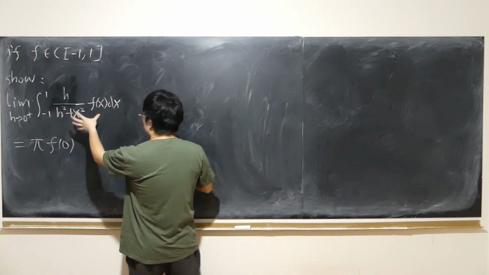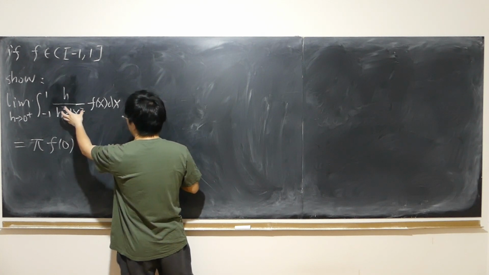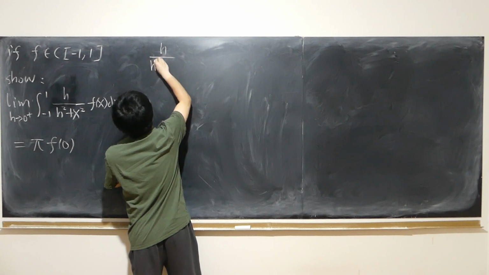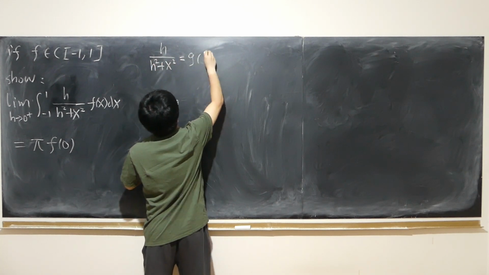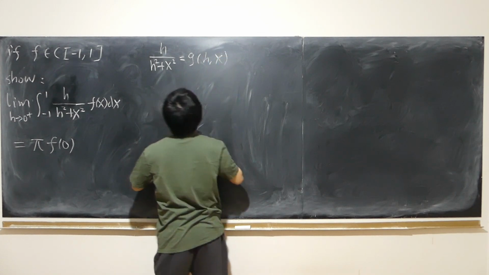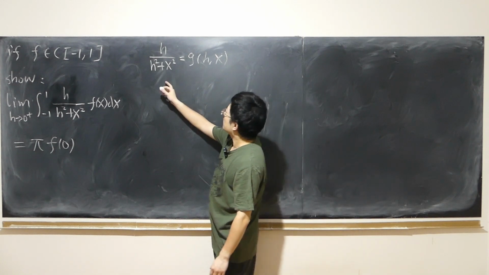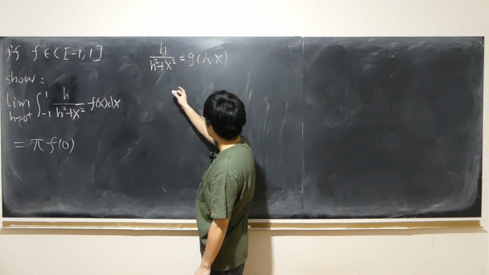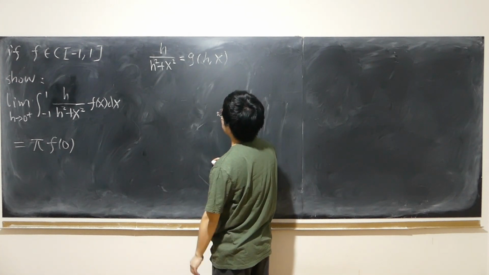Because if you treat the inside integrand as a two-variable function, g of h and x, equal to h over h squared plus x squared, I think the other points are fine except 0, 0. Near 0, 0, it may not be continuous.